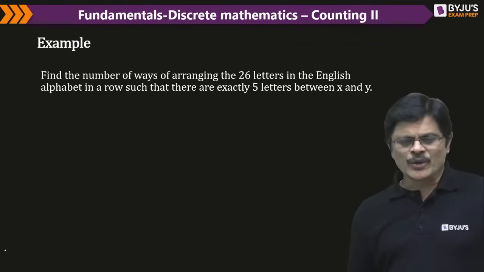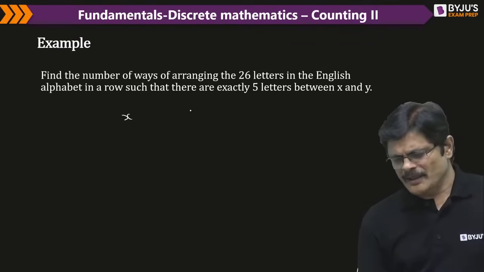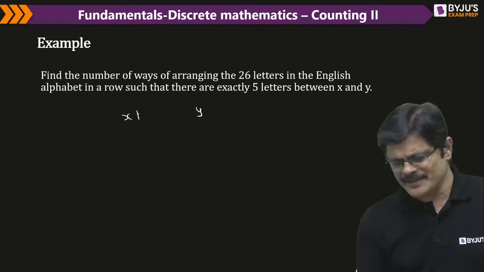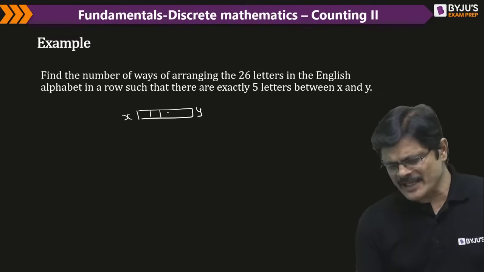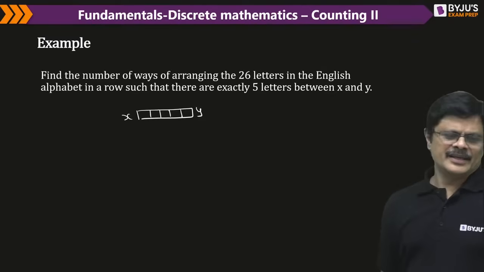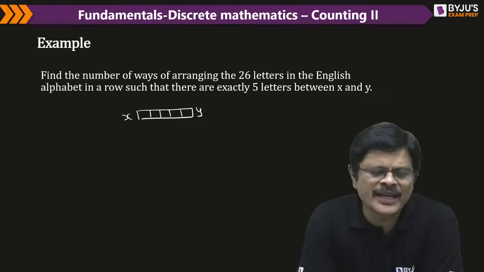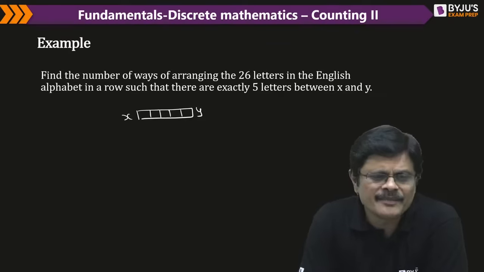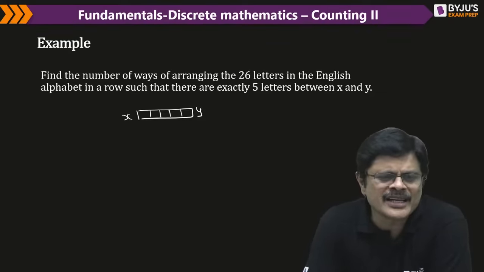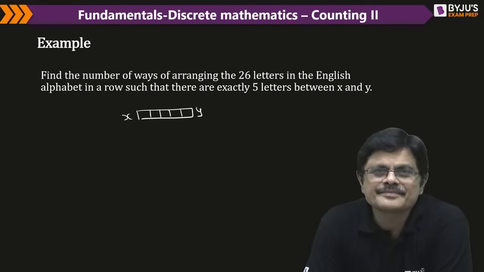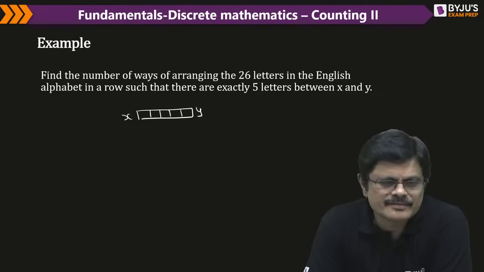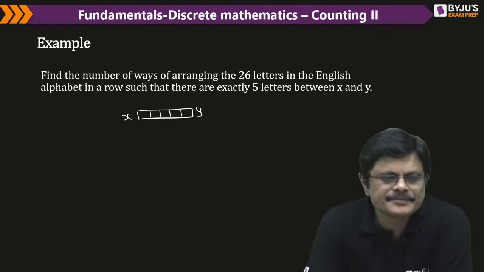Now look here, sir, there are 26 letters and you want 5 letters between X and Y. X, Y are fixed, and 5 letters are between them. See, other than X, Y, how many letters are there? 24.